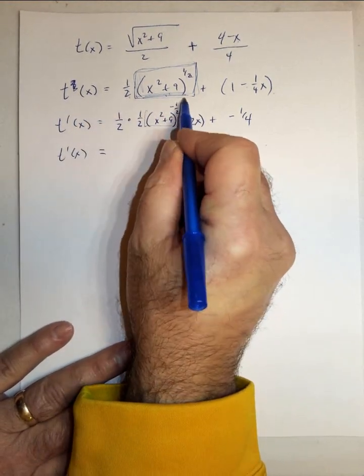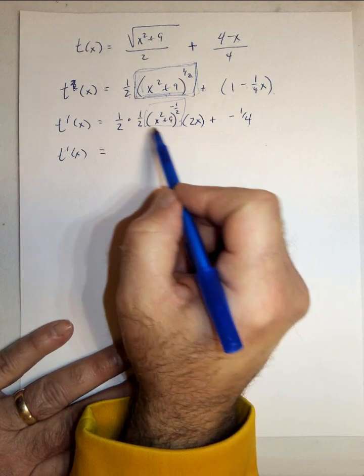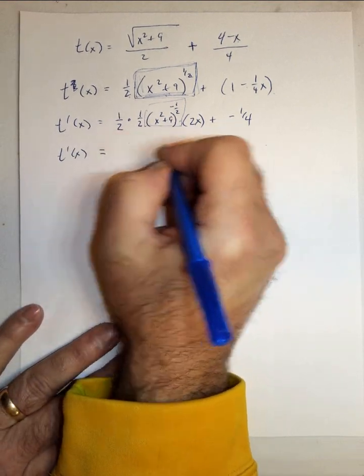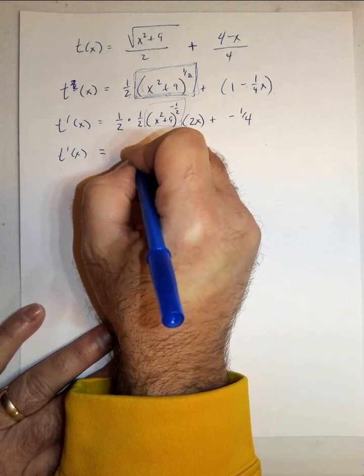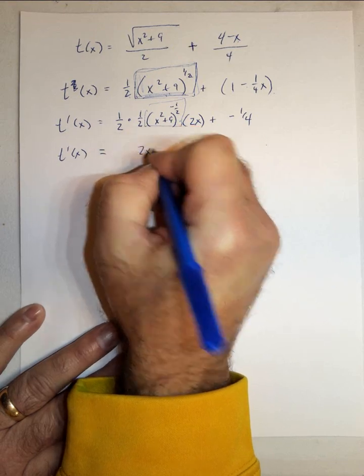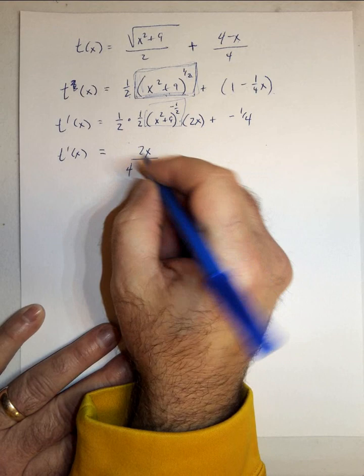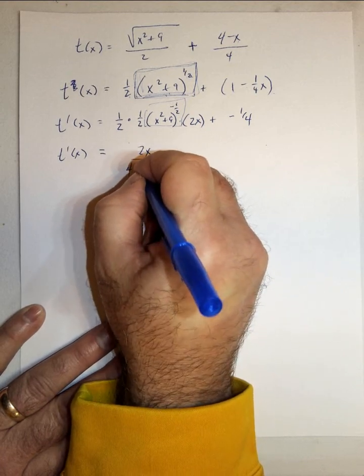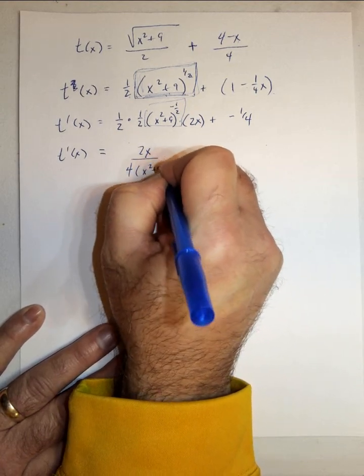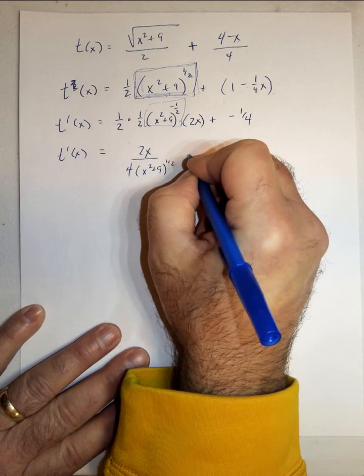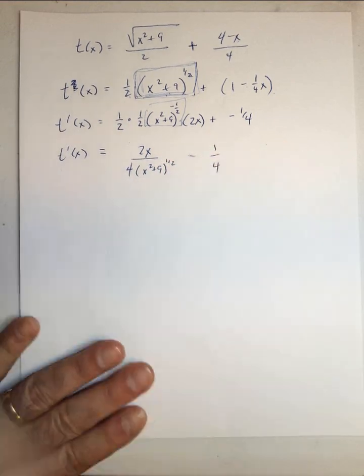Because this has a negative exponent, I'm going to shove it in the denominator here, so I have really just 2x over 4, because it's 1/4, times (x squared plus 9) to the 1/2 power, minus 1/4.